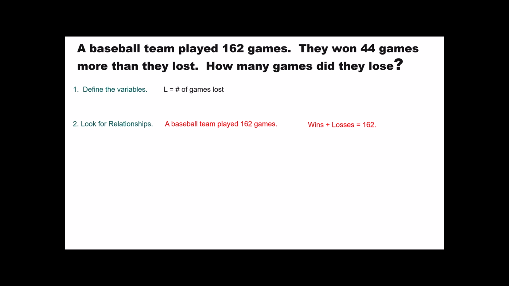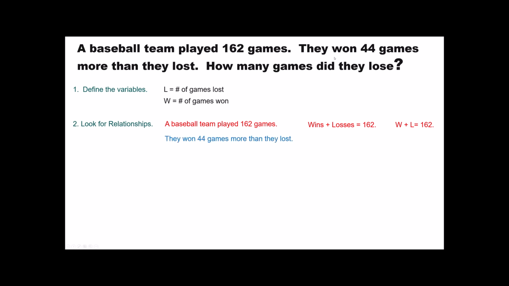Since we don't have a number of wins given to us, we're going to go ahead and assign that a second variable. I'm going to call that W for the same reason as before. W reminds me of games won, just like L reminded me of games lost. And I can take this expression, wins plus losses equals 162, and I can write it algebraically as W plus L equals 162.